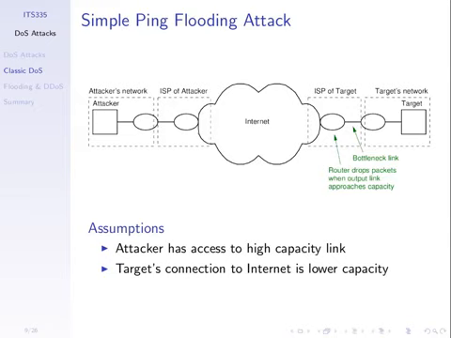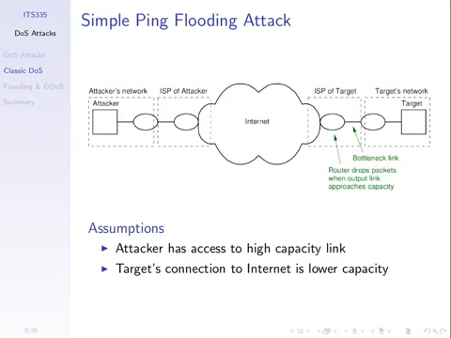Maybe internal for the target's network, they've got a fast LAN, very fast there, but when they pay for a connection to their ISP, that's the most expensive part, and therefore that's the slowest part of the network. Across the different ISP networks, usually they have very high speed links. So across True's network, across TOT's network, inside their network, they have very high speed links, but going to the end customer, that's one of the slower links. So let's assume that's the bottleneck link.